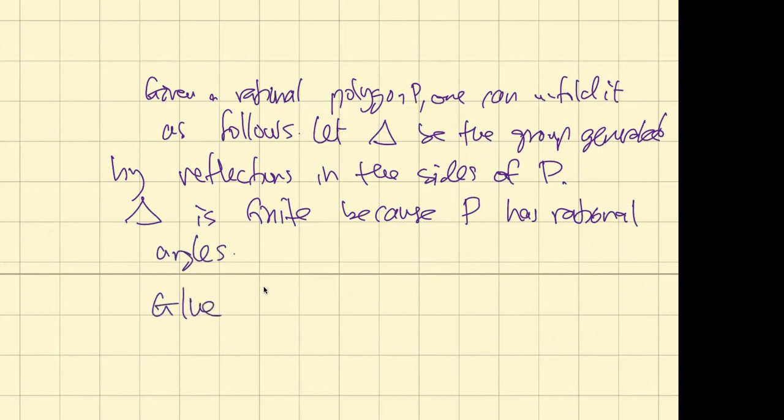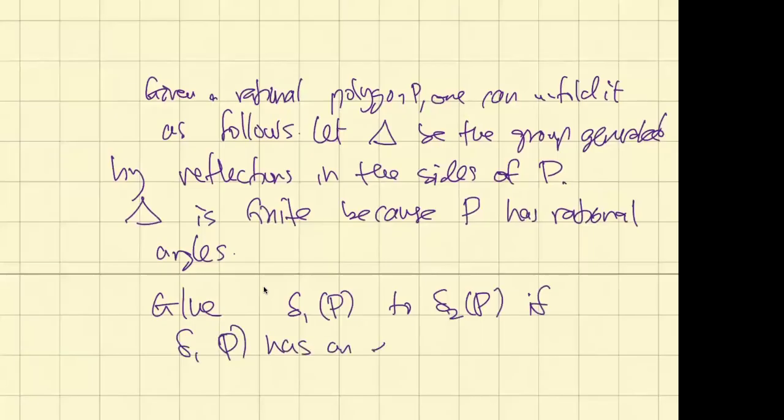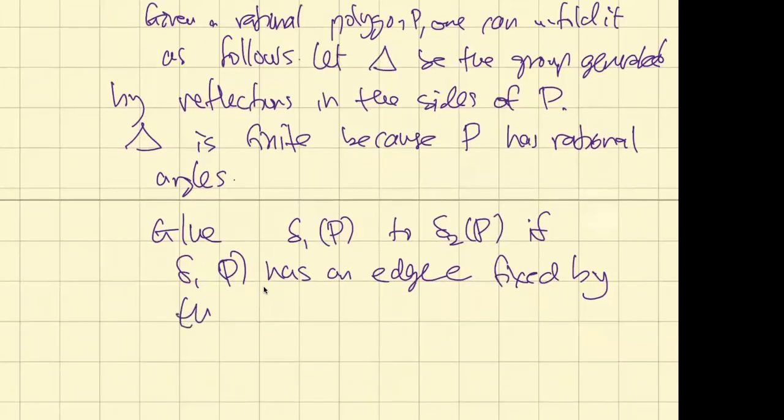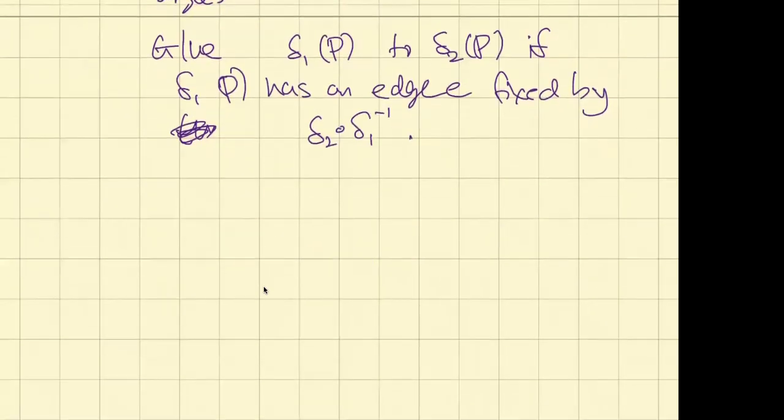So this is where rationality comes in. And you glue delta 1 of P to delta 2 of P if delta 1 of P has an edge E fixed by the map delta 2, delta 1. I'll just show one example.